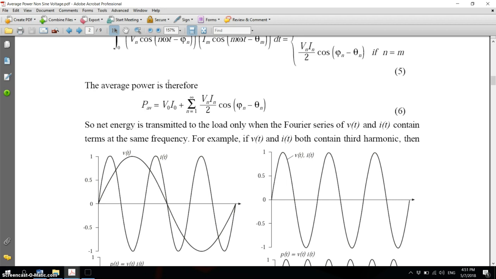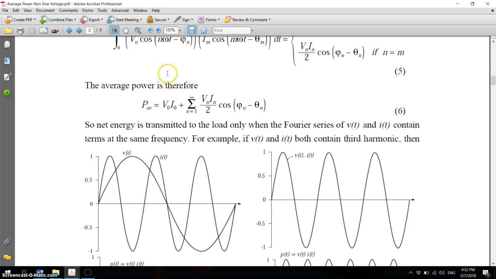So if you go back to the first waveform that we looked at just now, which is a sinusoidal voltage and a sinusoidal current, the only contribution from that system is V1 and I1.